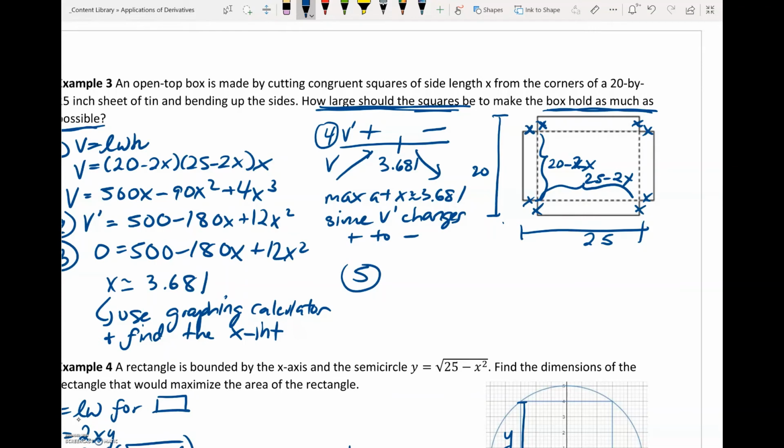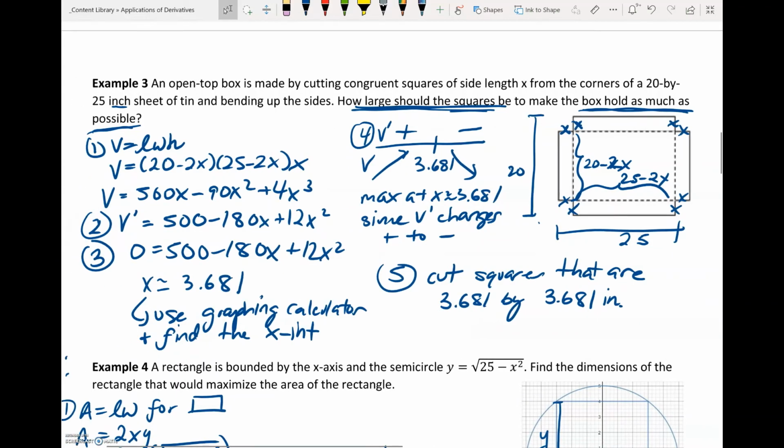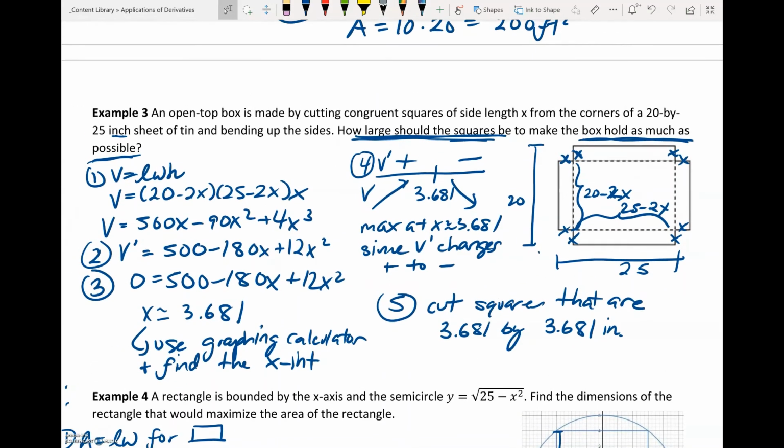This was our x value, so our square should be 3.681 by 3.681. And the unit given to us was in inches in the original question, so our final answer needs to be in inches as well.